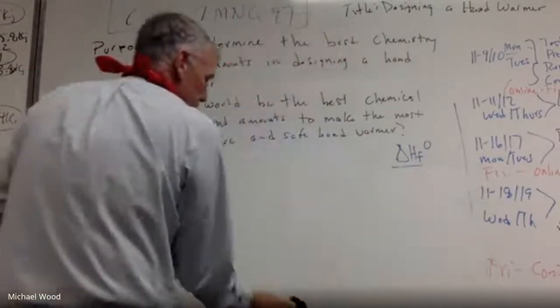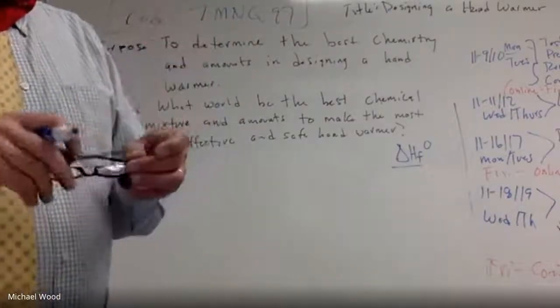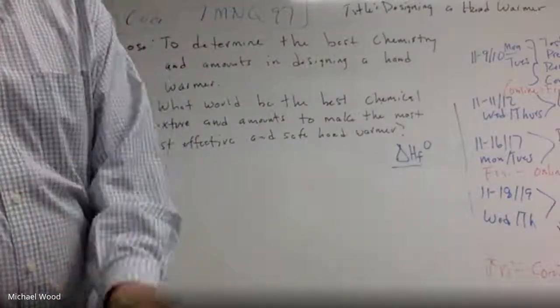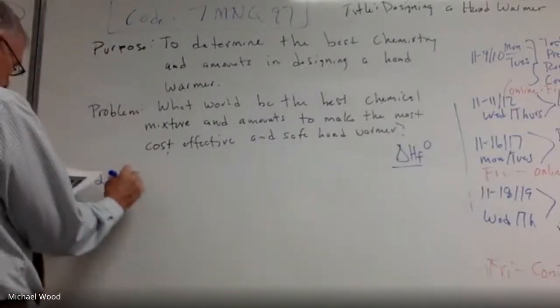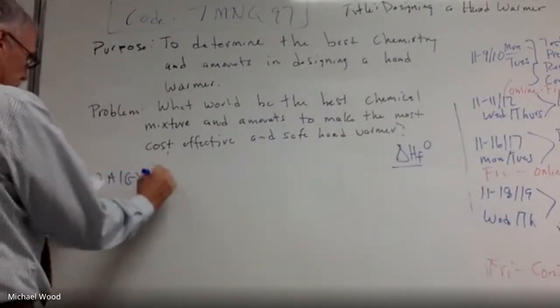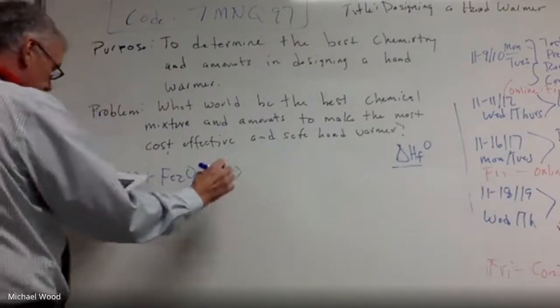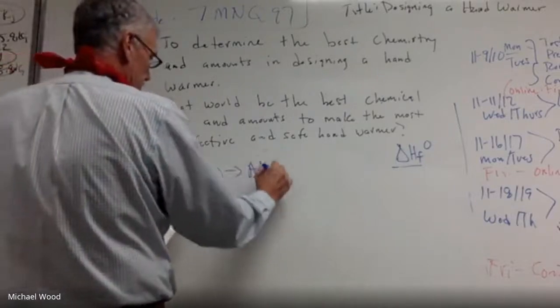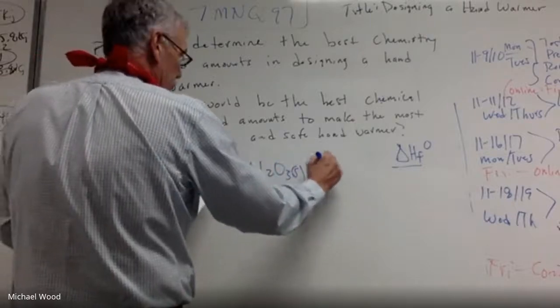So this is the reaction for thermite. We have 2 aluminums plus Fe2O3 makes Al2O3 plus 2Fe.